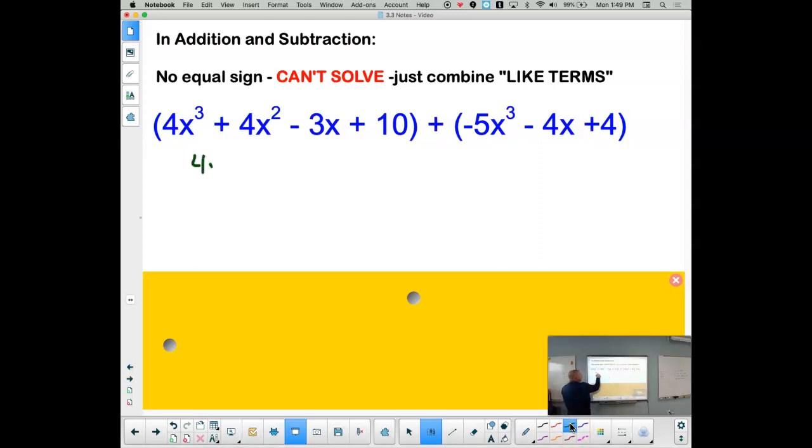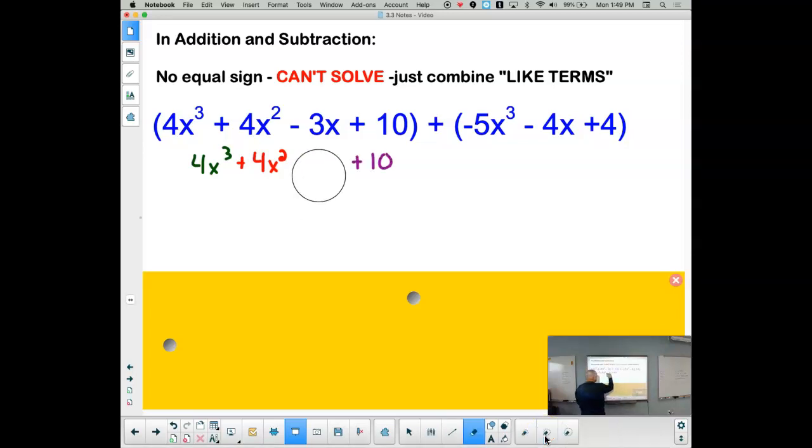So we have 4x cubed plus 4x squared minus 3x. You'll understand my coloring here in a minute. Plus 10. Let's change the blue. We'll knock out the blue here. Plus or minus 3x there.